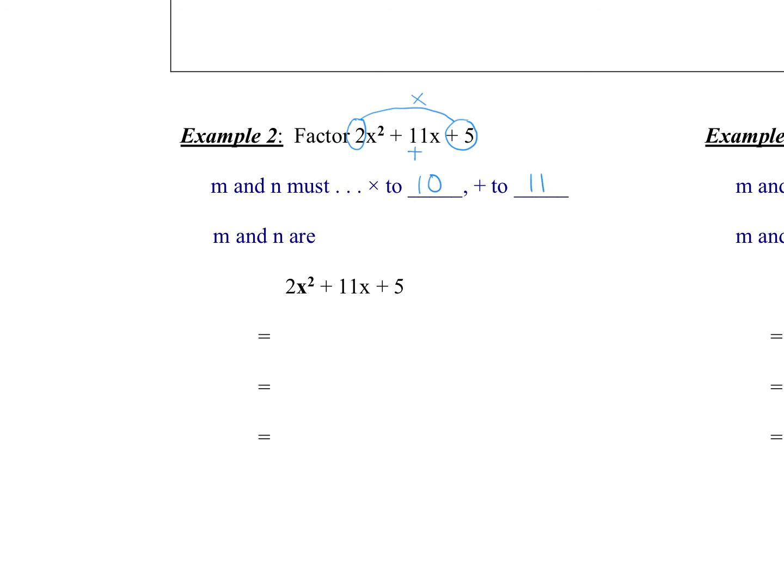The two numbers that multiply to 10 and add to 11 are 10 and 1. Remember, you take that middle term and split it up into 10x and 1x.